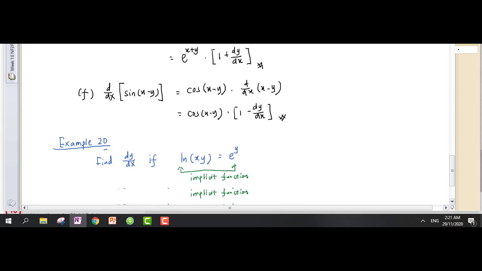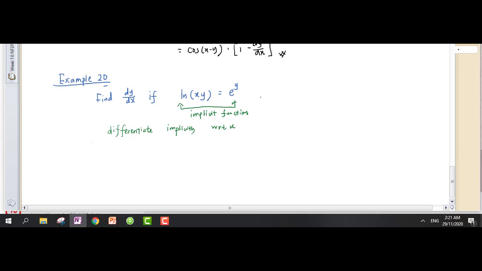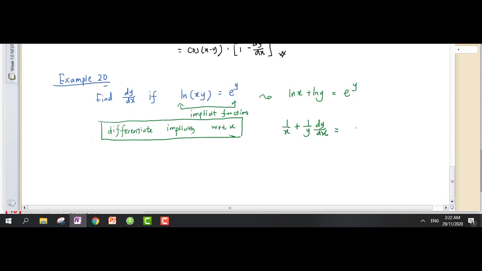So from here you simplified it as ln x plus ln y equals e^y. After that we only write, differentiate implicitly with respect to x. You will obtain 1 over x plus 1 over y dy/dx for the left hand side, and the right hand side will become e^y dy/dx.